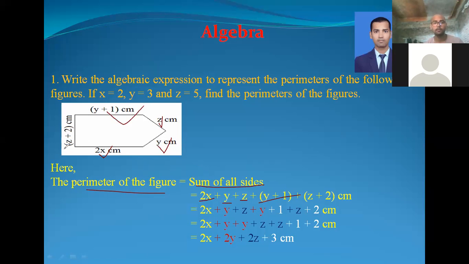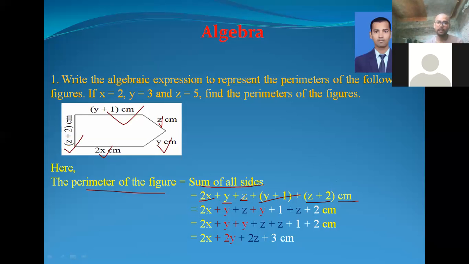In the same way, the fifth one is z plus 2. And all the sides are in centimeter. Because we are adding all the sides, I have written centimeter after all, because the answer should be in centimeter.